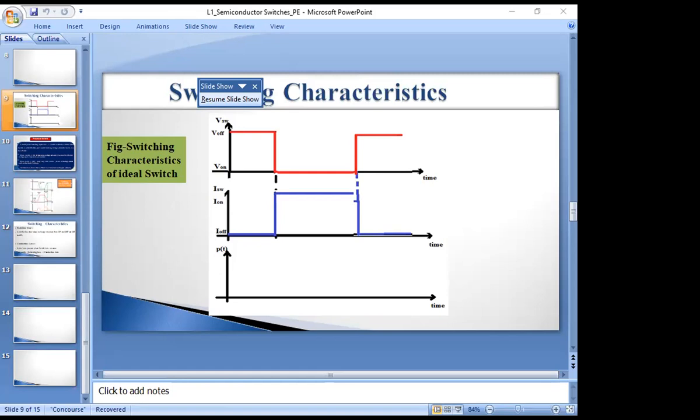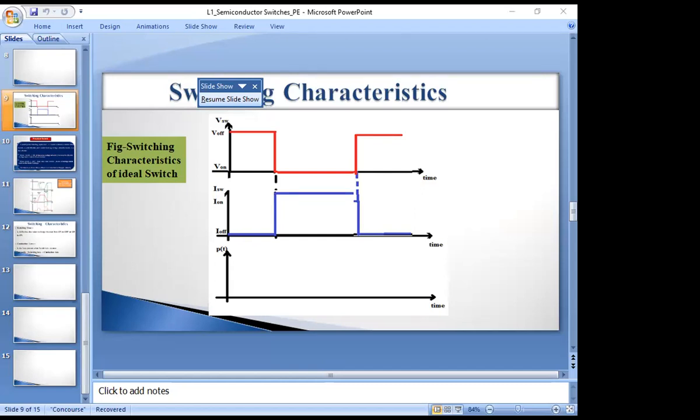And when the switch is open again from 15 seconds to 20 seconds, what about the voltage across the switch? Maximum. If the switch is open, current through the switch is 0.